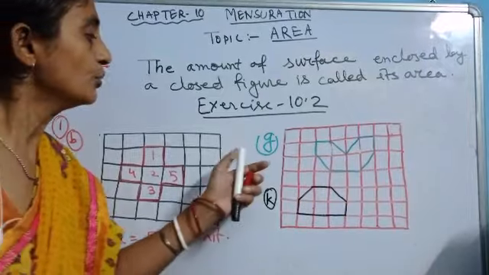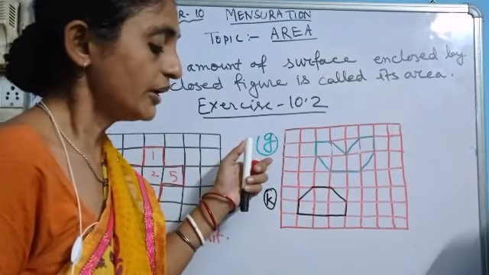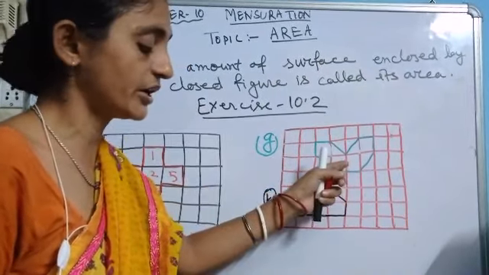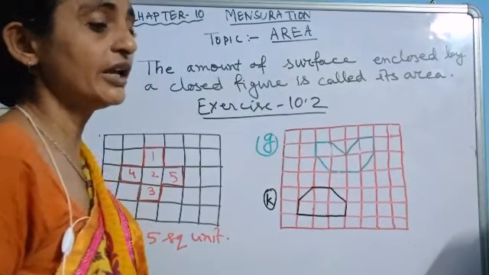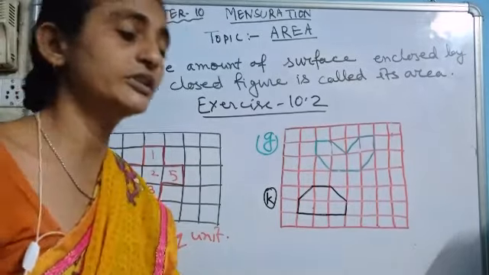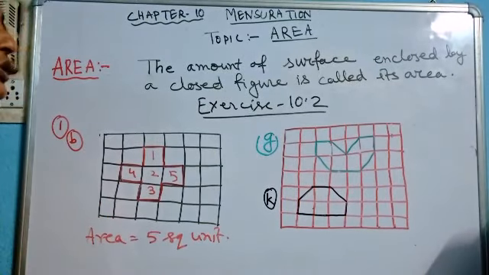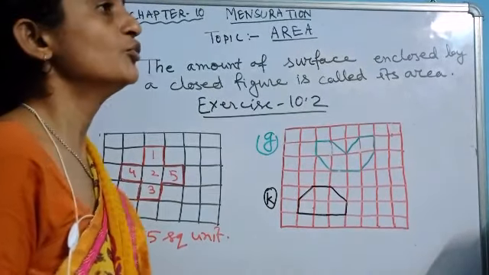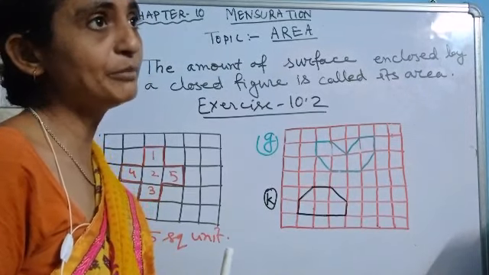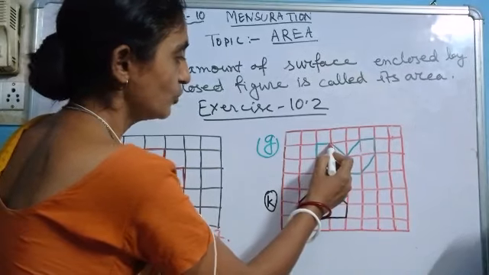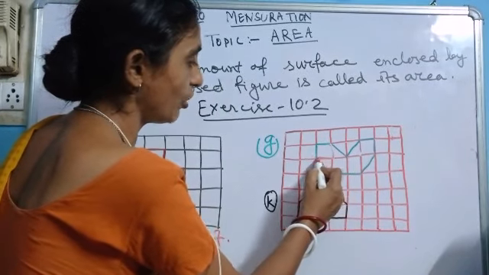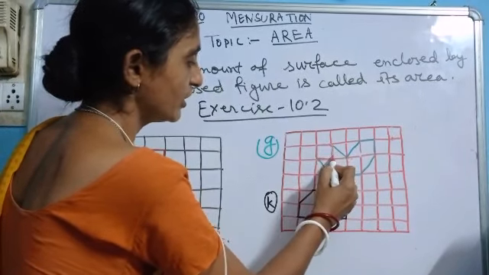Now come to part G. Here you might have noticed one diagram has been given. How can you find the area of this one? First we will count how many fully filled squares there are. Fully means the complete area of one box is covered.